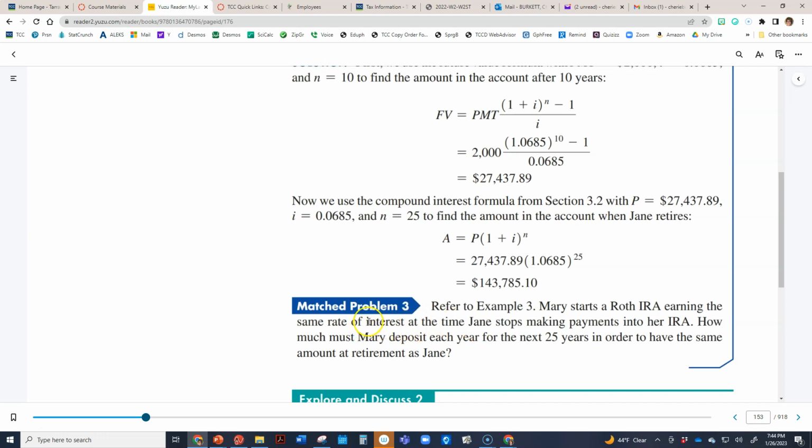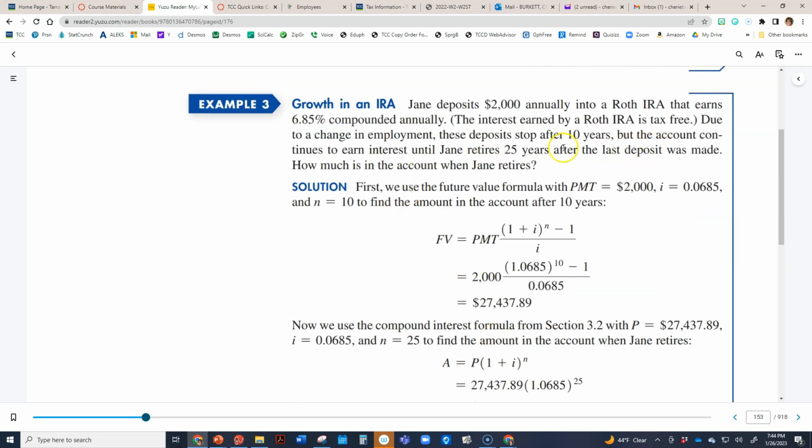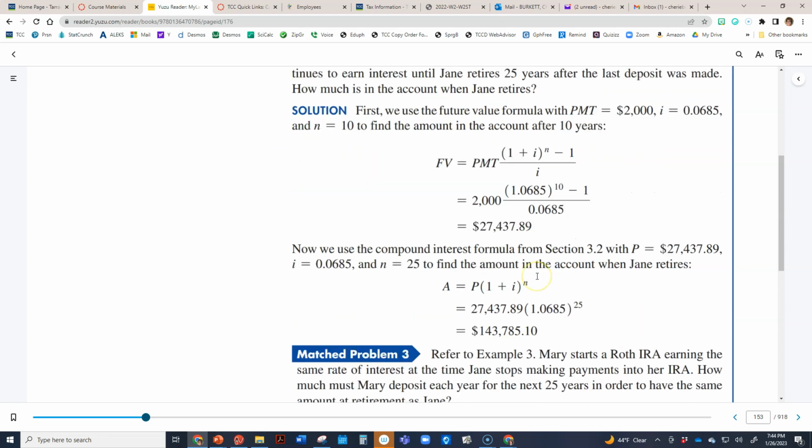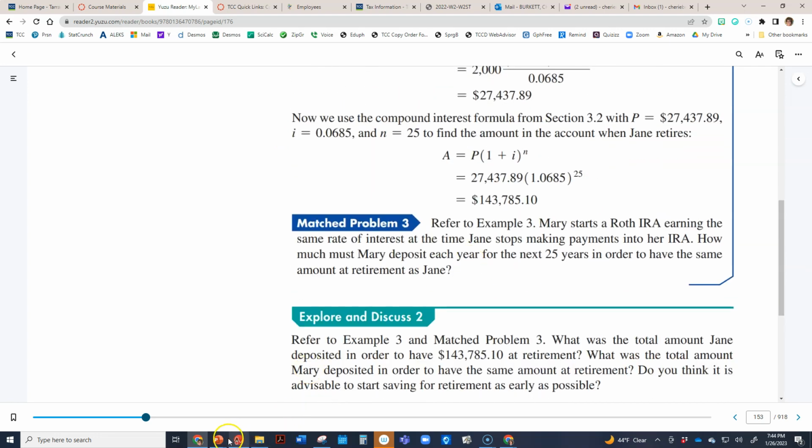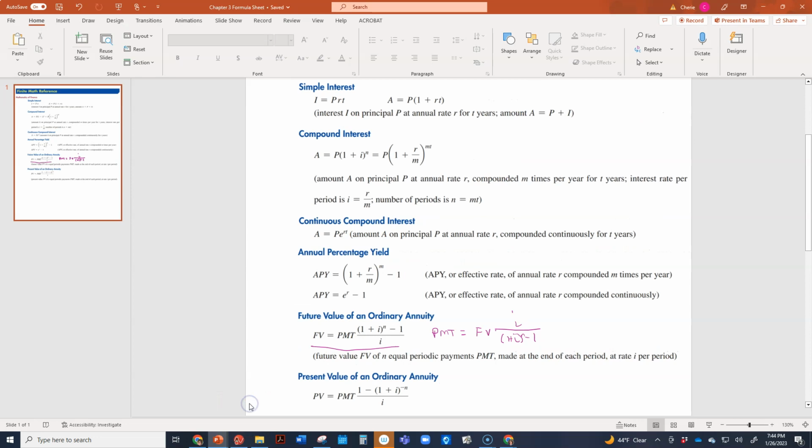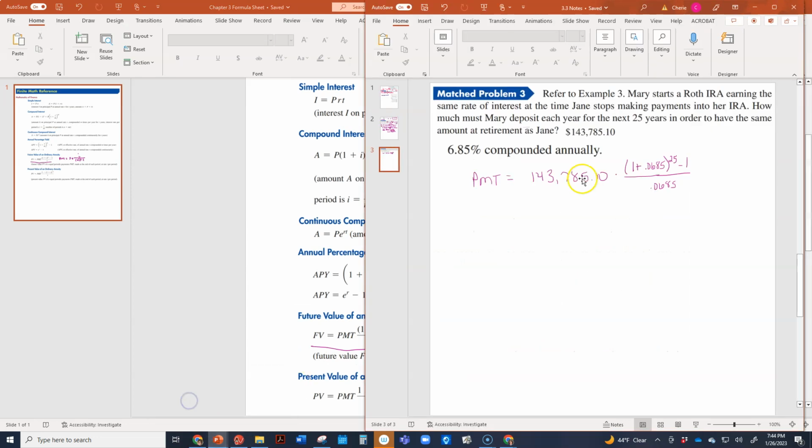She's going to make a payment once a year, and it is compounded annually because that's what it said up here, compounded annually. So now we just go back to do a payment. So I'm calculating a payment. How much does Mary need to deposit?